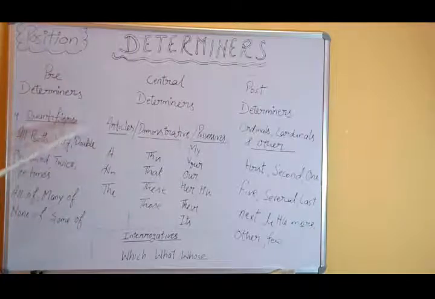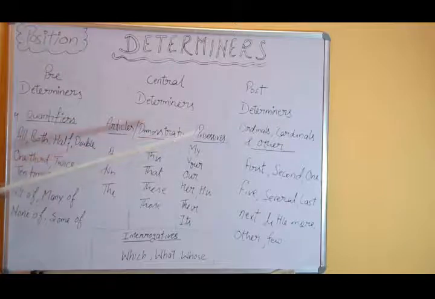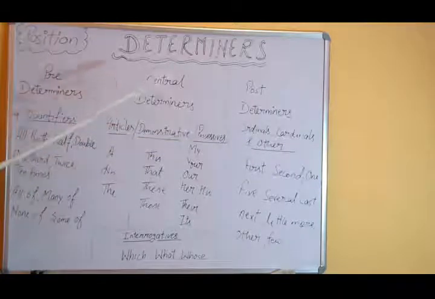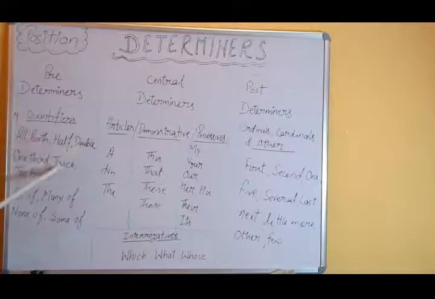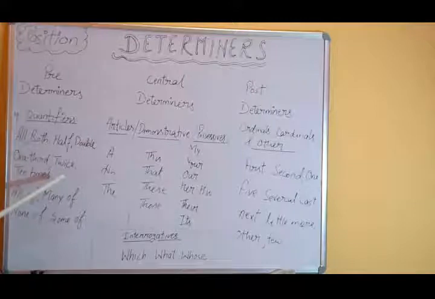But this is generally a list of determiners which can be divided into three categories. Predeterminers, quantifiers: all, both, half, double, triple, 1/3, 2/3, 1/10, twice, thrice, 4 times, 10 times, 5 times, all of, many of, none of, some of.